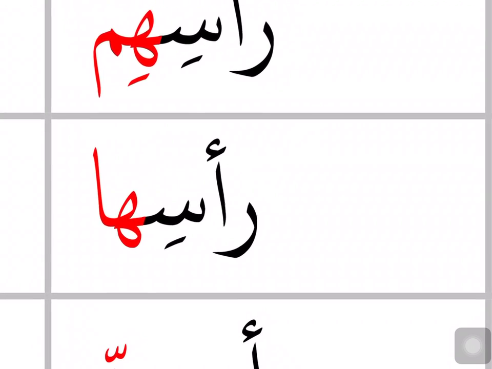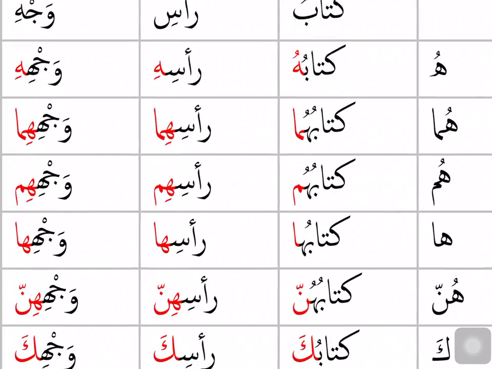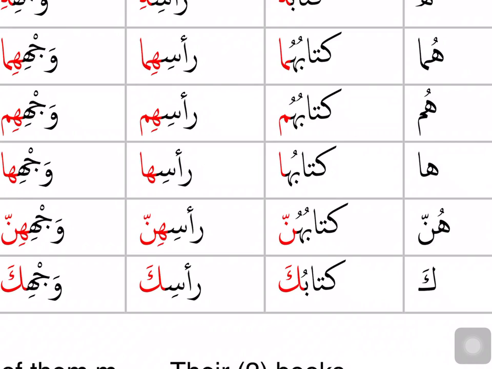So this one is fixed, I can't change it. But the rest I will put a kasra. Ra'sihinna, ra'sika. They're telling us that the rule was only for the ha pronouns. When we go on to the other pronouns, the kaf pronoun, the rule does not apply. I'm not going to change the haraka on the kaf. It stays whatever it was.